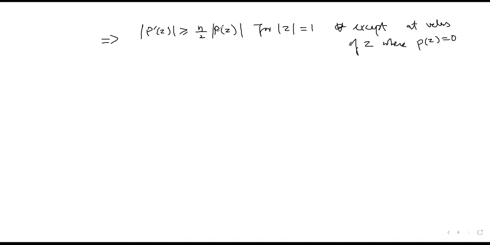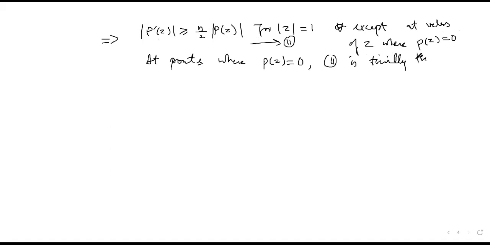लेकिन अगर p(z) 0 है then it is obviously true, क्योंकि ये 0 हो जाएगा, ये तो होगा ही modulus of anything is greater than or equal to 0. But at points where p(z) is equal to 0, the second is trivially true.